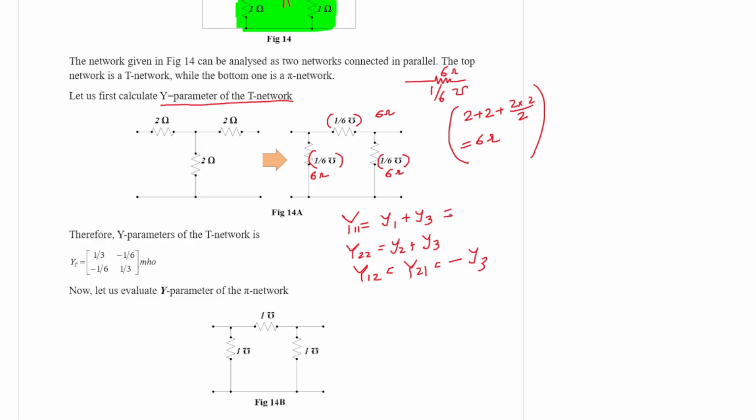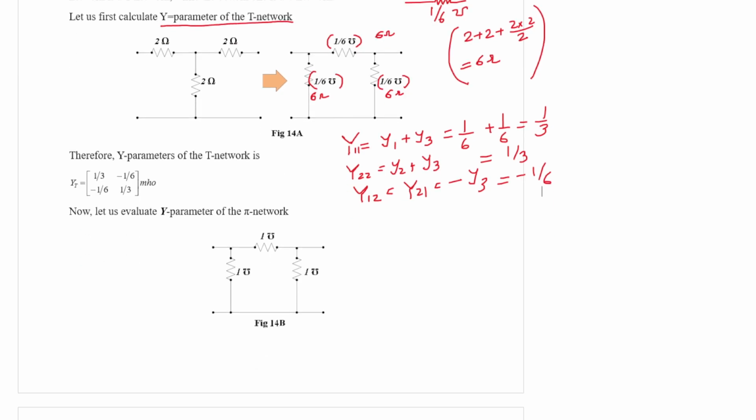Here y1 is equal to 1 by 6, y3 is also 1 by 6, so y11 will be 1 by 3. y22 is y2 plus y3, also 1 by 3, and y12 and y21 will be minus 1 by 6. So this is our y parameter for the T network.